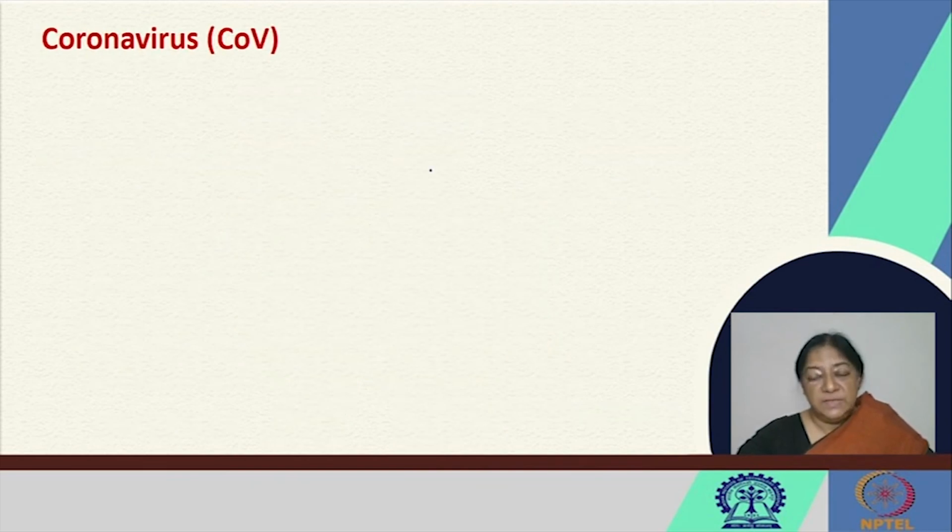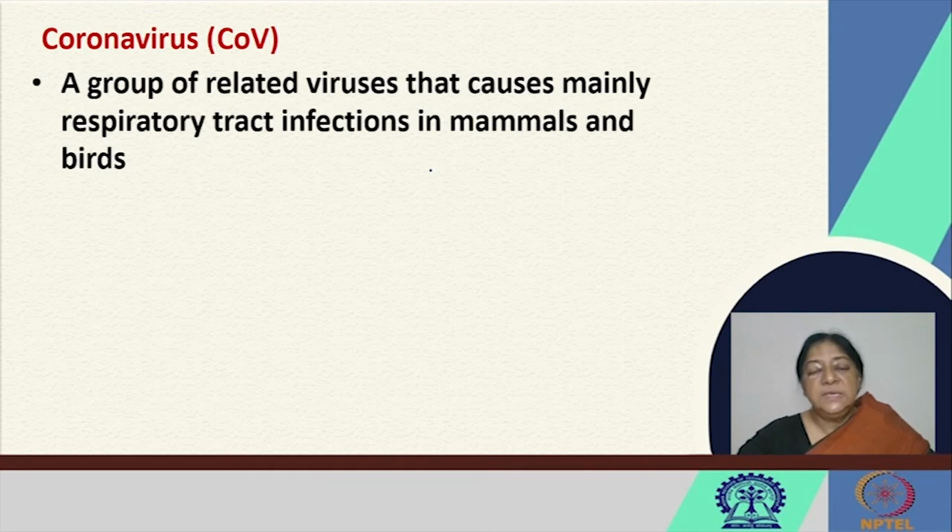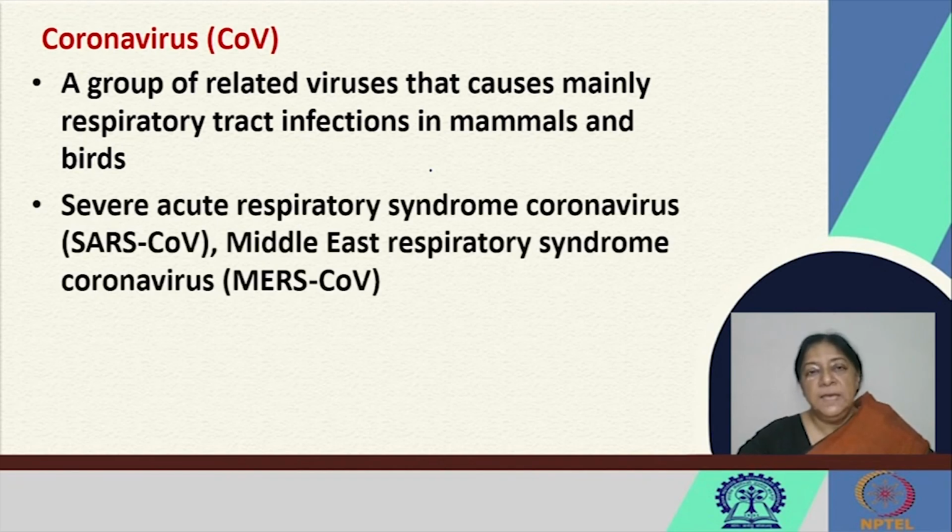The coronavirus, which, as I mentioned in the beginning, is one that has affected all of us in some way or the other. This is a group of related viruses that cause many respiratory tract infections in mammals and in birds.